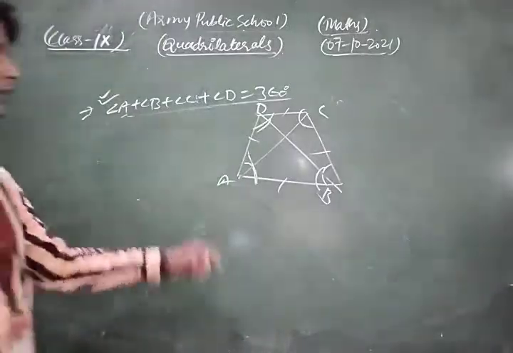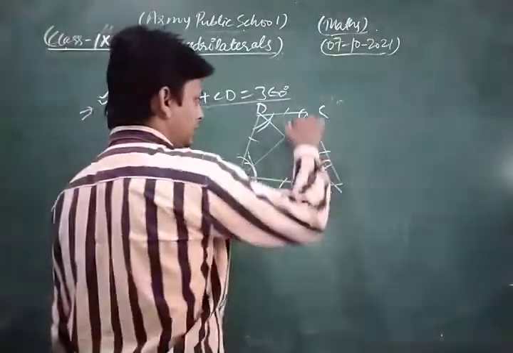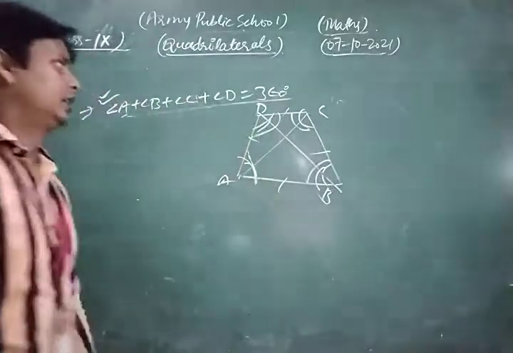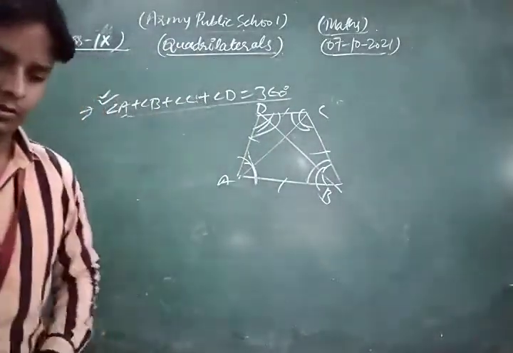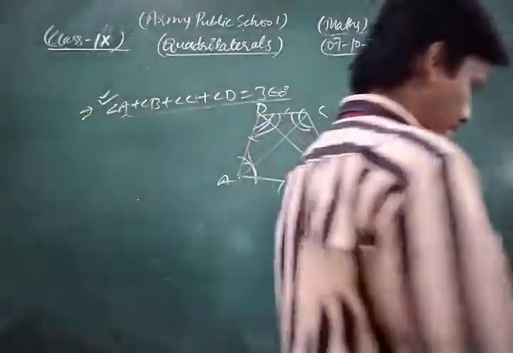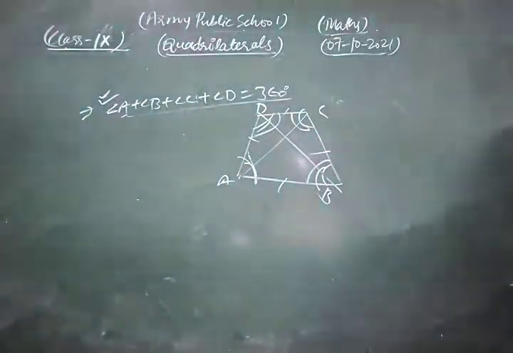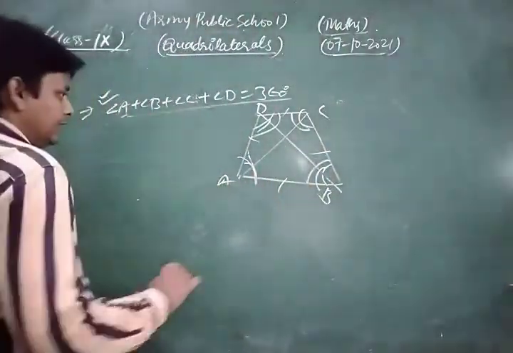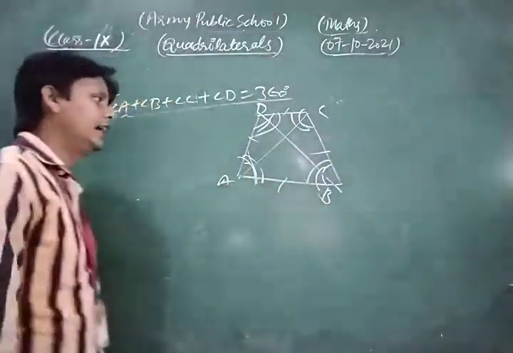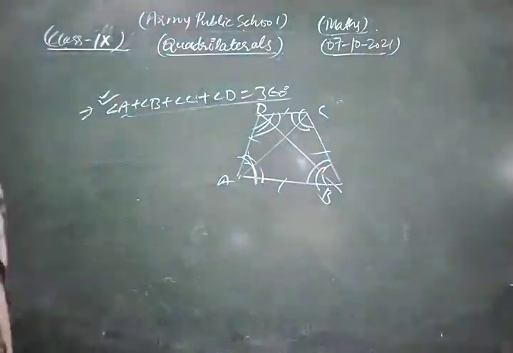So in this way, angle A plus angle B plus angle C plus angle D is equal to 360 degrees. Now look, in this way we can say that the sum of all interior angles of a quadrilateral is 360.